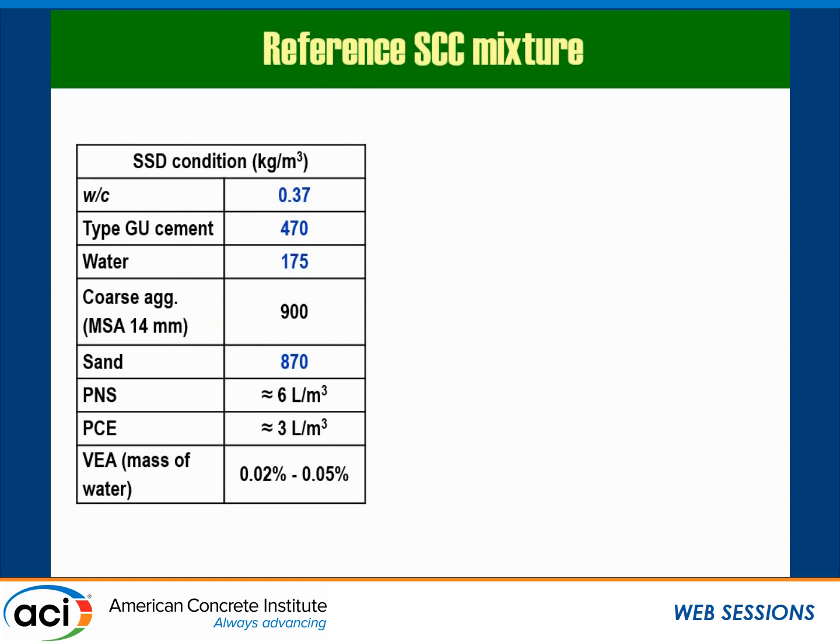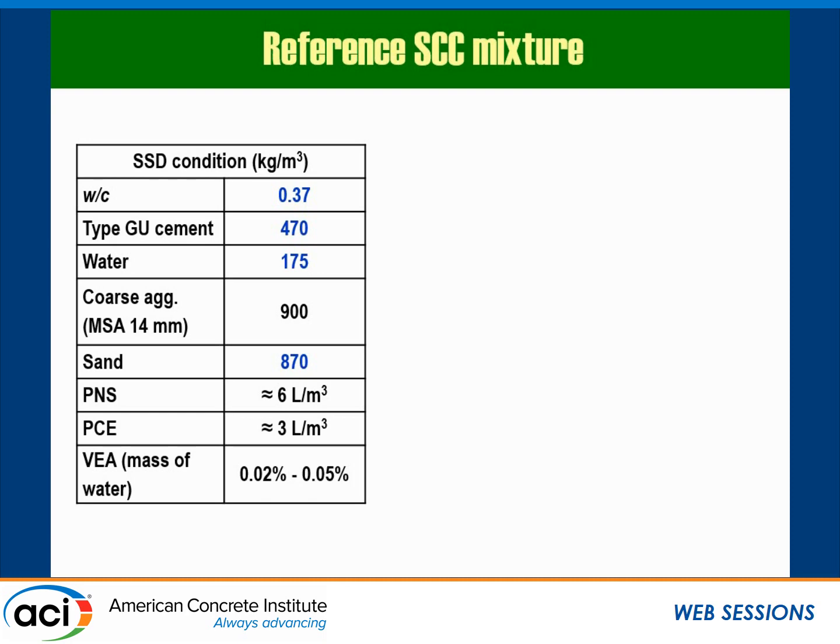The concrete mixture that was used in this study is already a very stable concrete. If you look here at the water-cement ratio, it is already low, and we know that by reducing the water-cement ratio, you can increase stability and viscosity for a given slump flow or yield stress. We used 14 millimeter, half-inch aggregates, PNS and PC. Those are the dosages required to give you the reference slump flow.